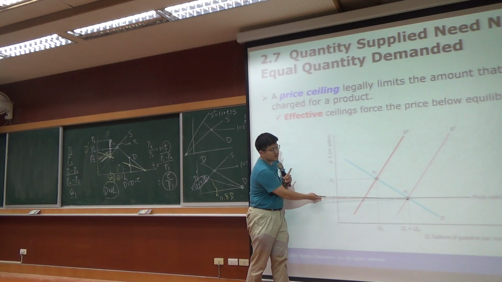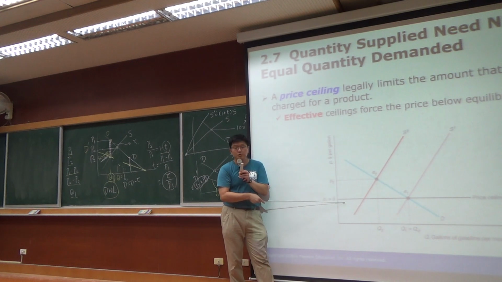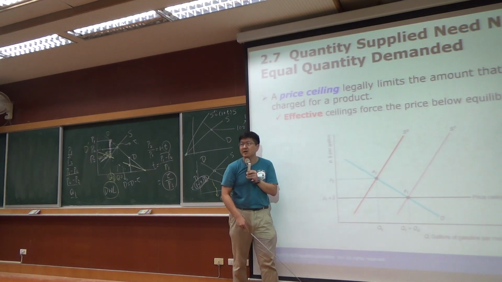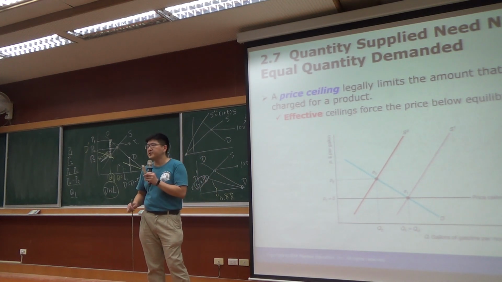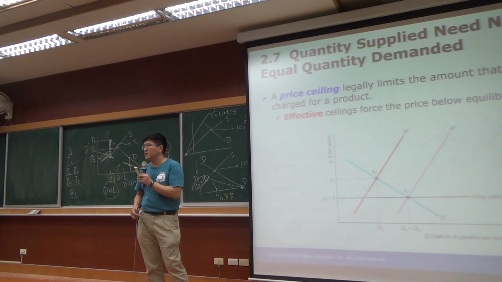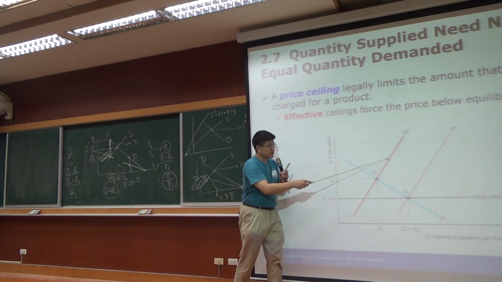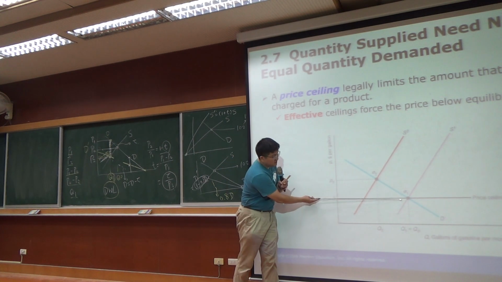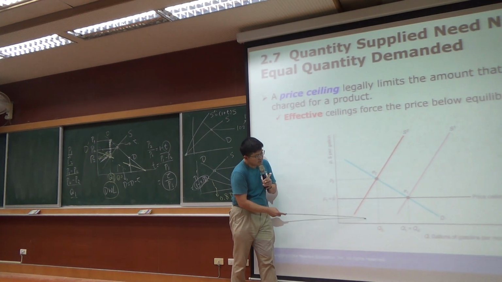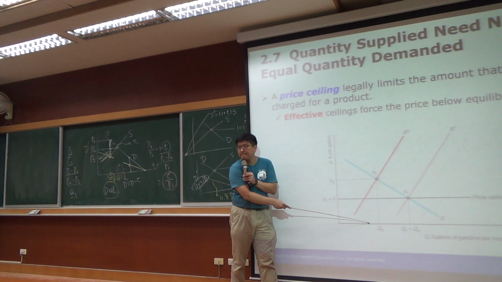Because the price is here, so according to the demand curve, this many consumers want to buy the product. How many producers are willing to sell? Since the supply curve shifts to here, and given this price, only this quantity of good would be supplied to the market.